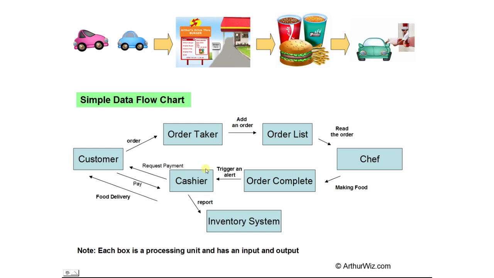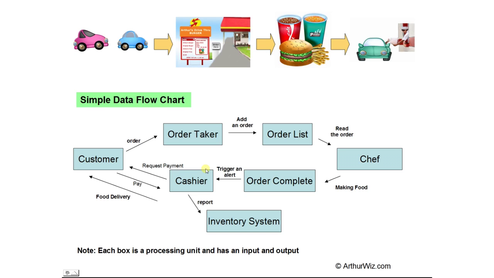And this order will trigger an alert, which is the output as an alert to the cashier. Once the cashier receives that alert, it will request the payment from the customer. And on the other hand, the cashier can report this order to the inventory system, where they can update more information, like they need more supply on buns or bags or boxes.